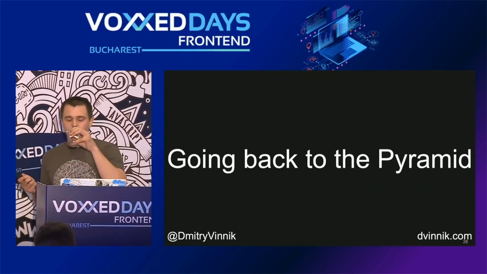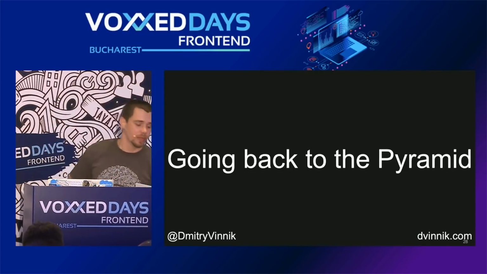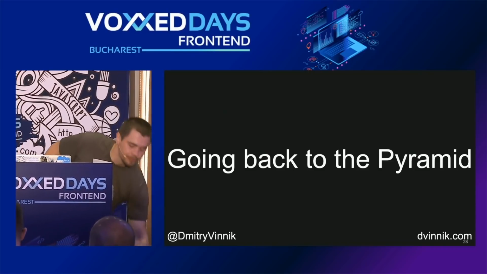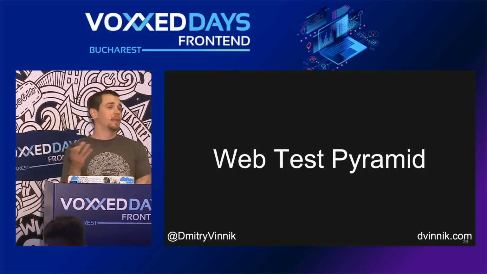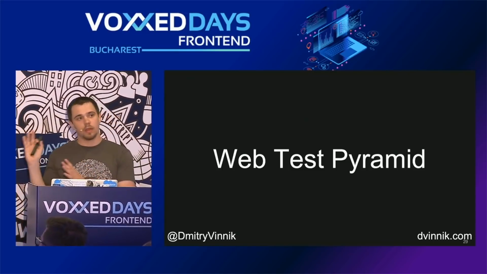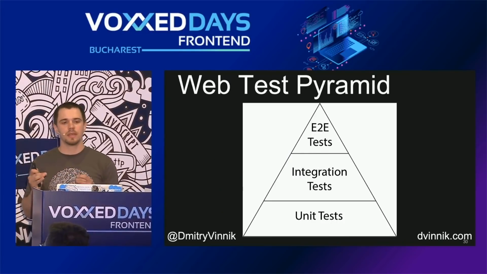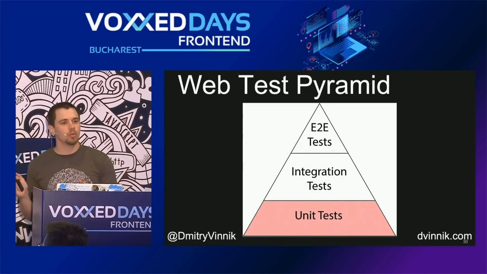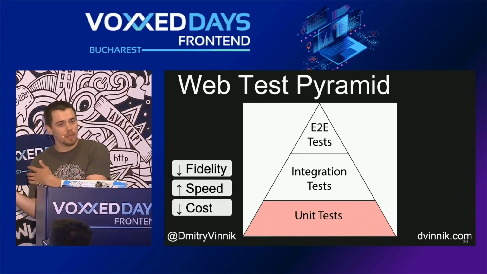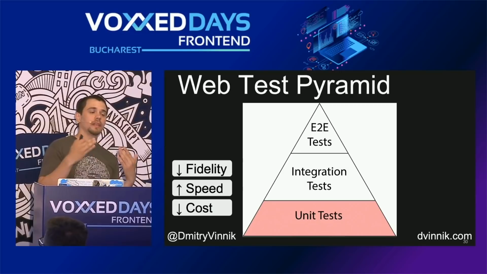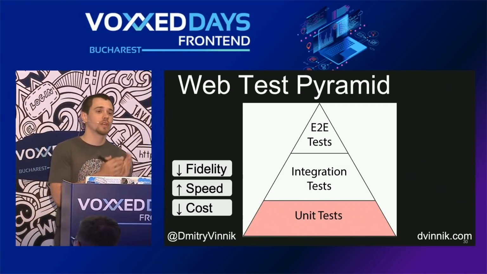So if I were to look back at the test pyramid that we've looked at in the very first couple of slides, the important thing here is that we will be looking at the web test pyramid, not just the end-to-end testing on the top, but how do you go back to this idea of having as many unit tests as possible, then a little bit fewer integration tests and even fewer end-to-end tests, while still focusing on the web.